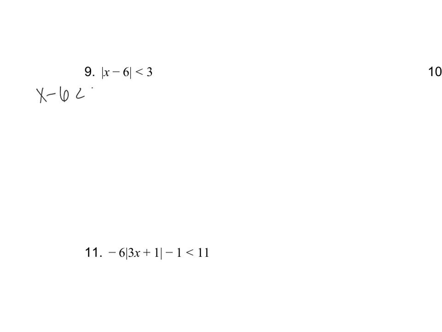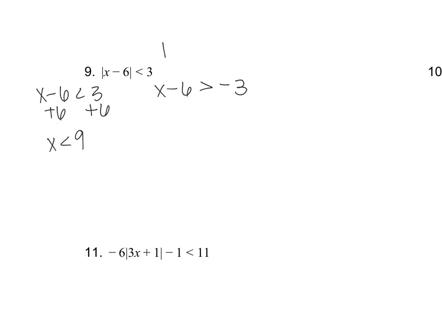So x minus 6 is less than 3. To solve that, we add 6 to both sides, and we get x is less than 9. For my second inequality, we keep the x minus 6, we flip the inequality, and we flip the sign of our number. So it becomes x minus 6 is greater than negative 3.